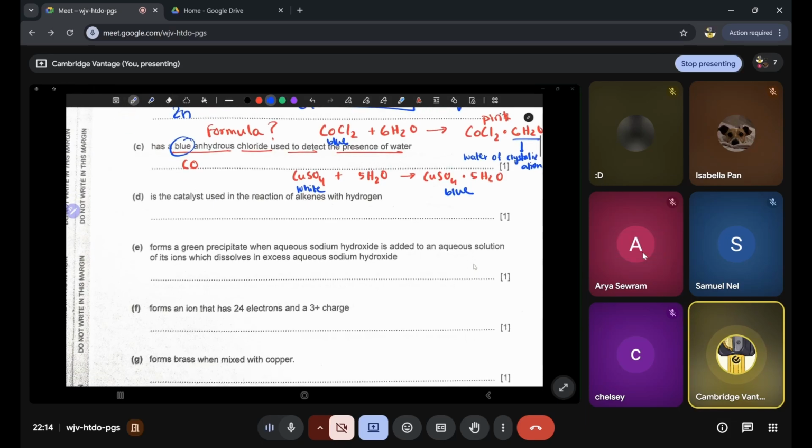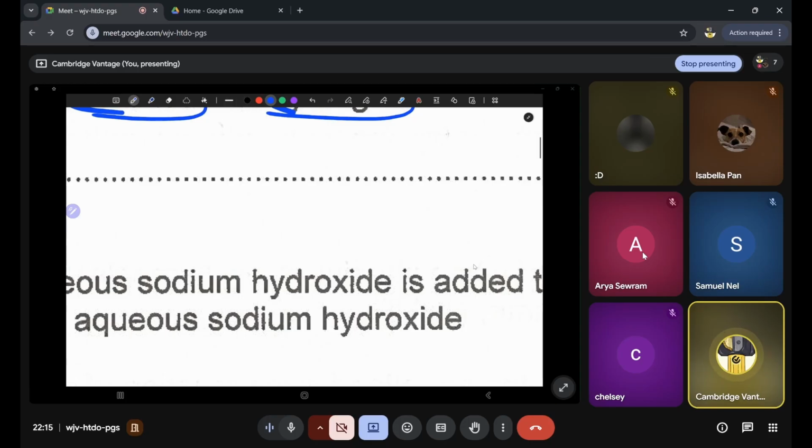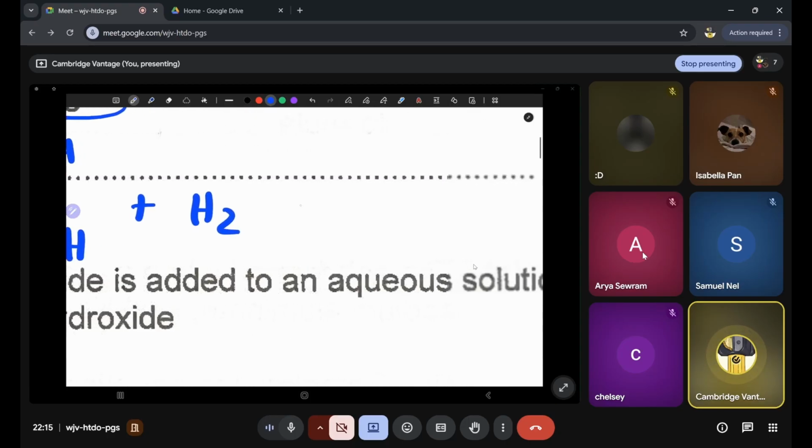And this is a reaction of alkenes question. It asks for a catalyst used in the reaction of alkenes with hydrogen. So before we actually answer the question, since some of you did raise the concern regarding alkene reactions, let's see what happens over here. So you have an alkene and hydrogen is being added to it.